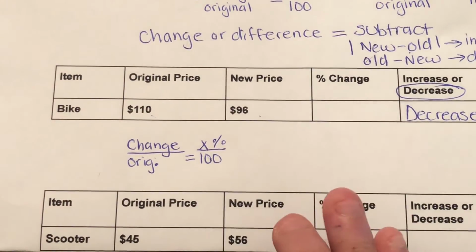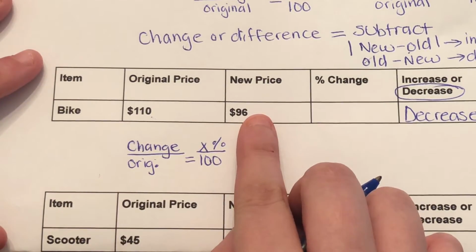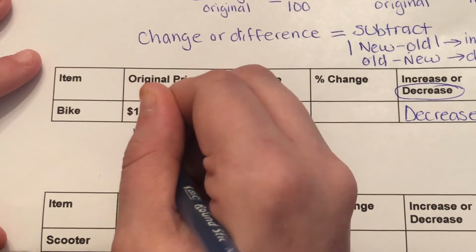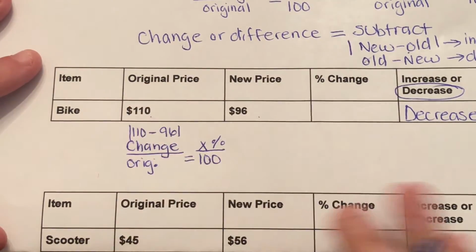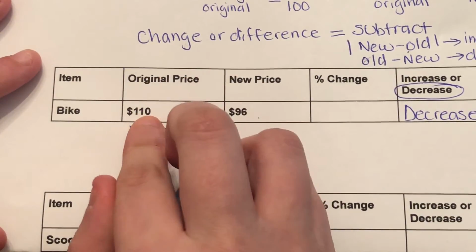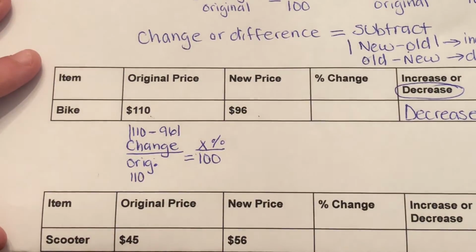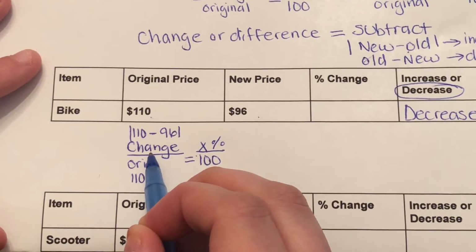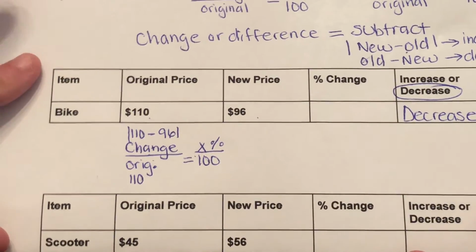Now the easiest thing I can do is go off to the side, above the change, and say 110 minus 96. That's your change over your original price, which is 110, equals X out of 100. That's what goes on top of our fraction: the change over the original equals X out of 100.